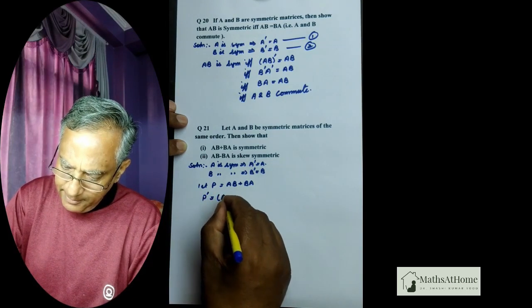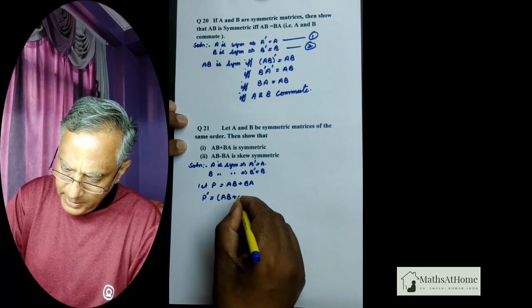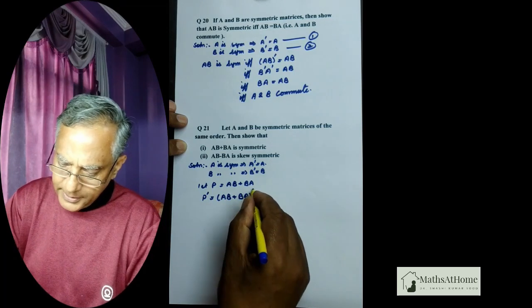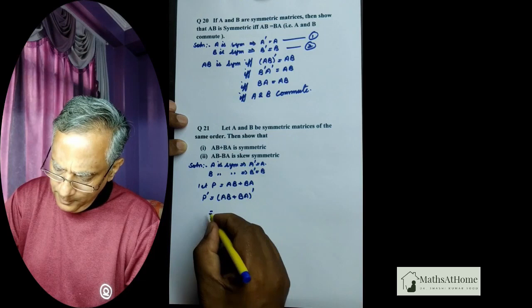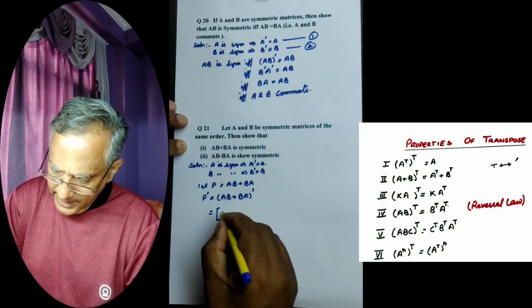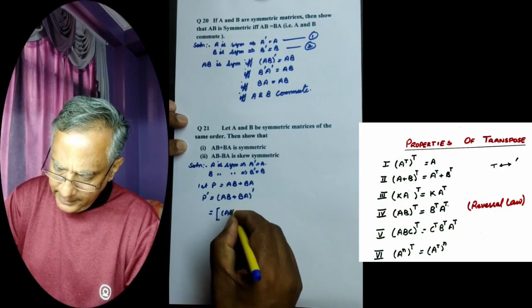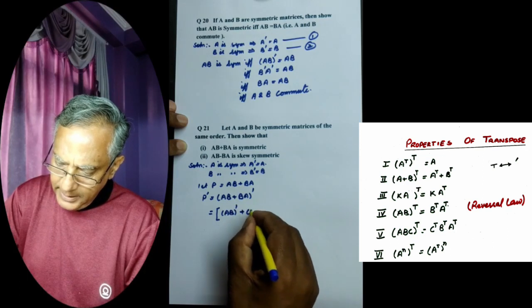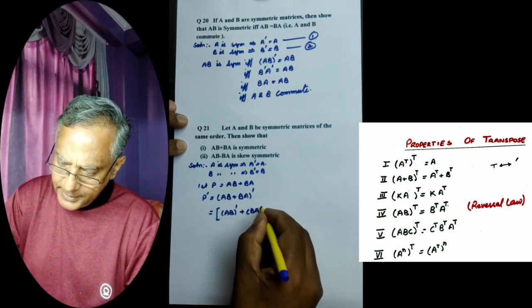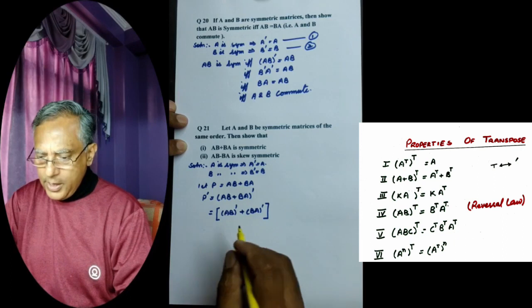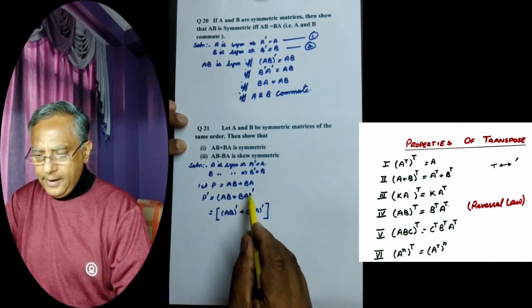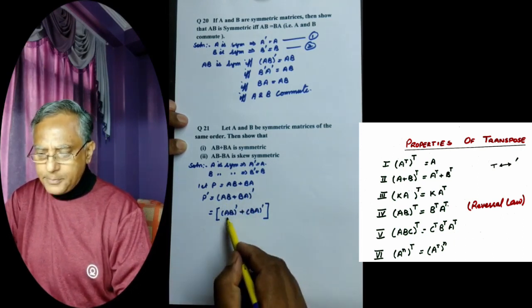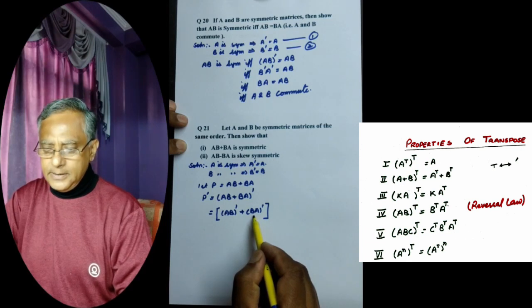P dash is (AB plus BA) dash, and this is equal to (AB) dash plus (BA) dash. We know (A plus B) dash is equal to A dash plus B dash.